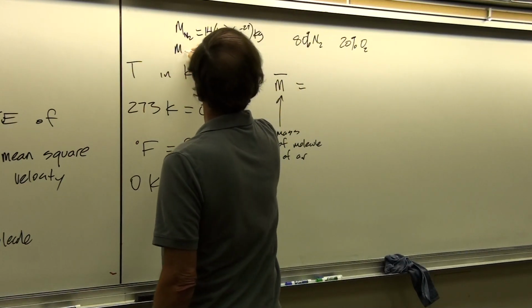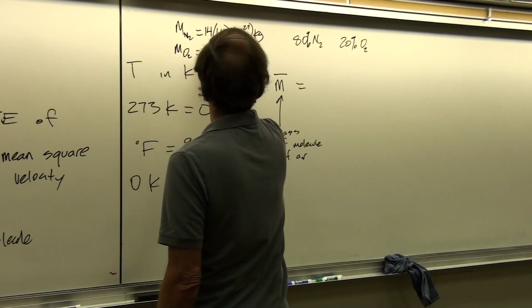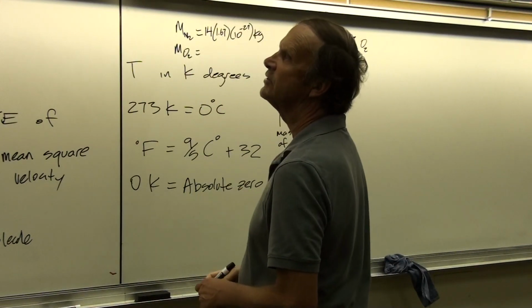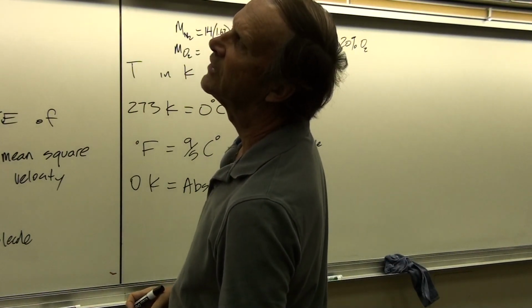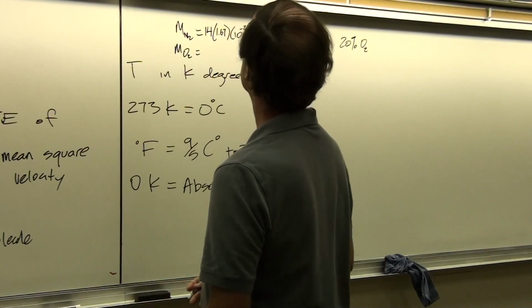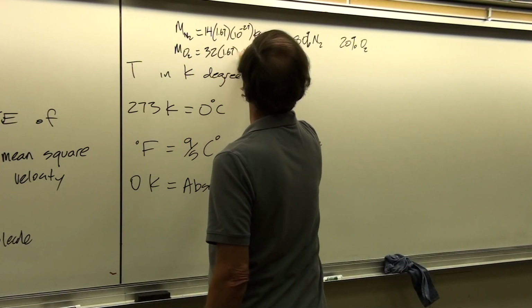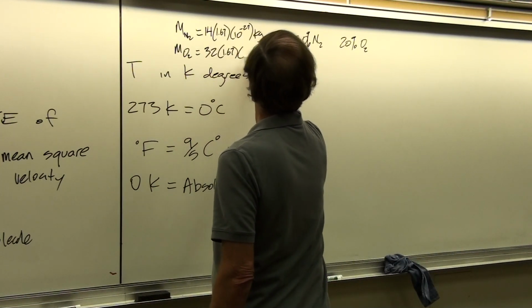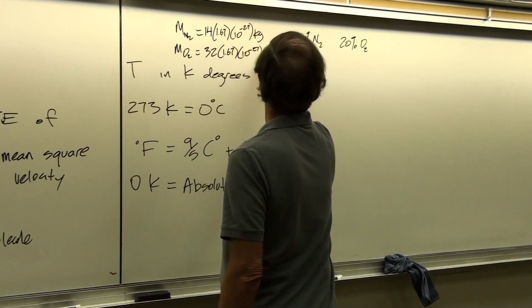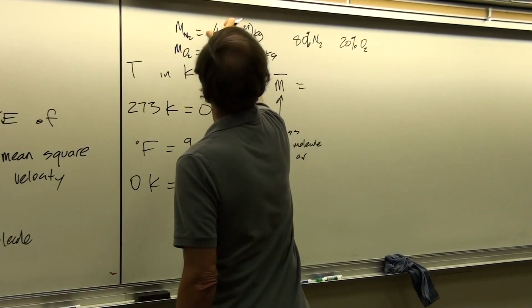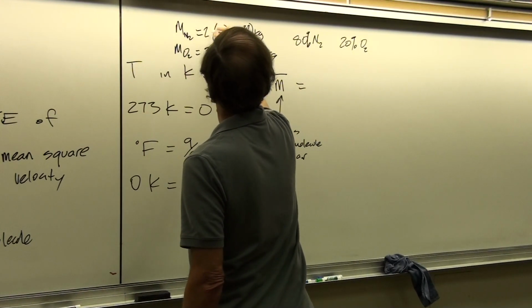The mass of O2 would be, well, oxygen has an atomic weight of 16, so it would be 2 times 16 is 32 times 1.67 times 10 to the minus 27. So this should be 2 times 14, sorry, that's 28.